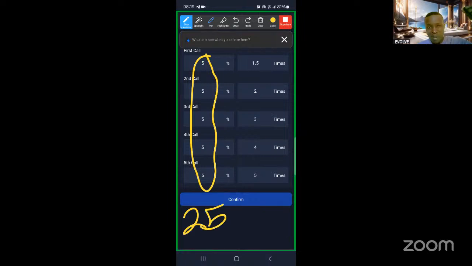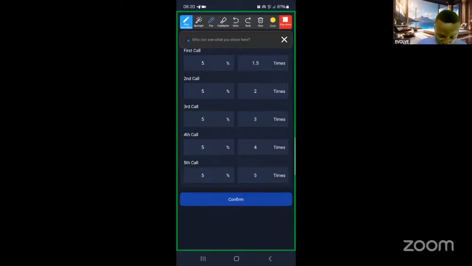From the first buying amount to the first margin call, the market has to drop negative 5, which is this one here. Do you copy? So it means that person is expecting the market to go down by negative 25%.